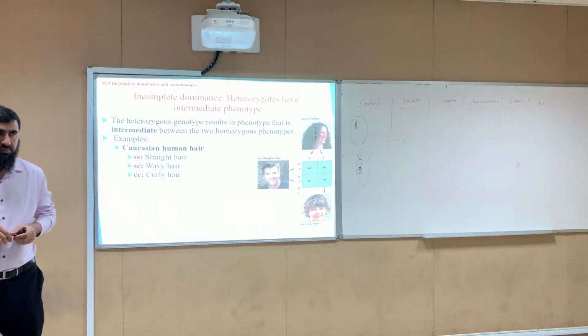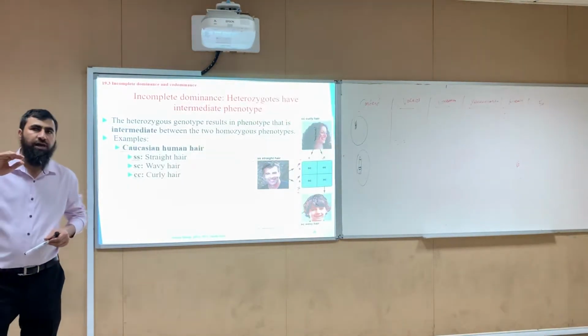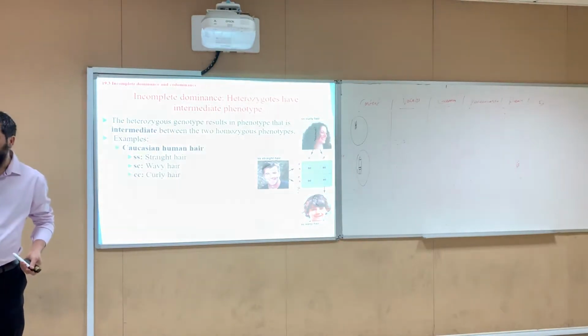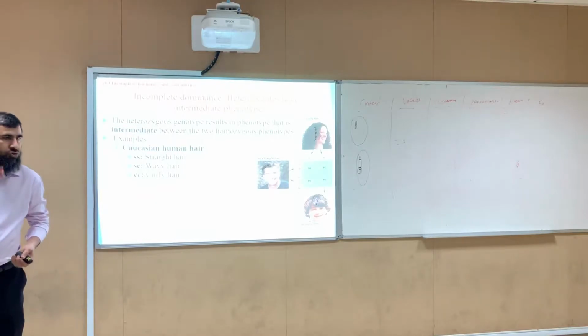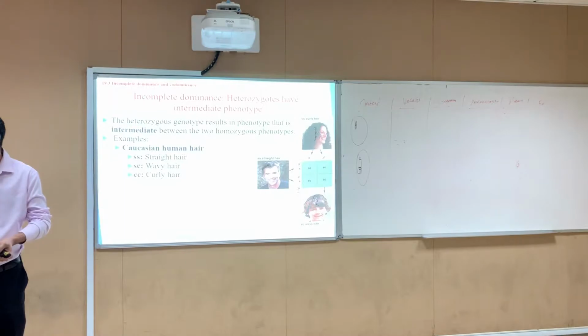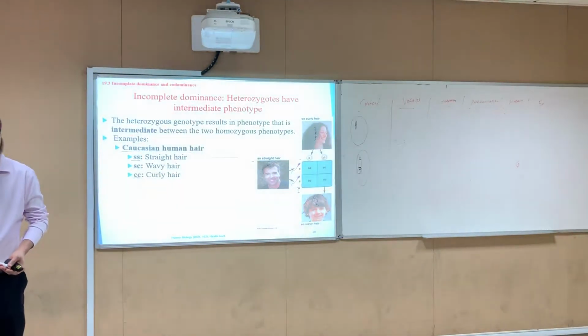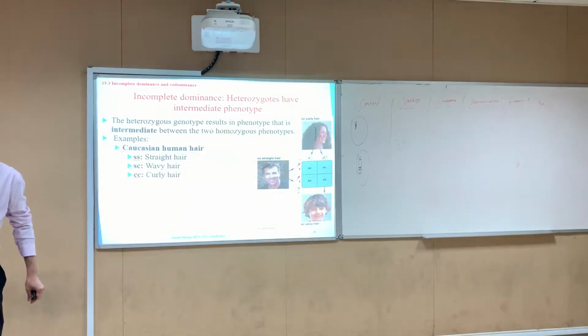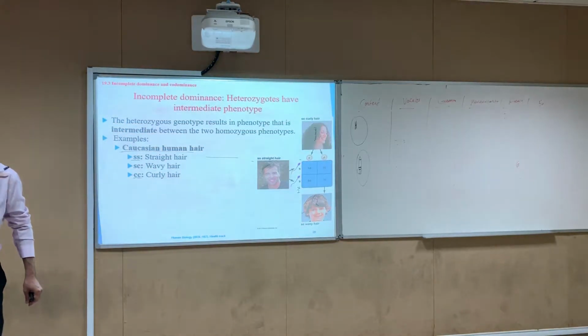So if you cross a very tall person with a short person, you don't get short or tall. You get medium. So it is incomplete dominance. A homozygous tall person crossed with a homozygous short person will give a heterozygous medium, incomplete dominance.